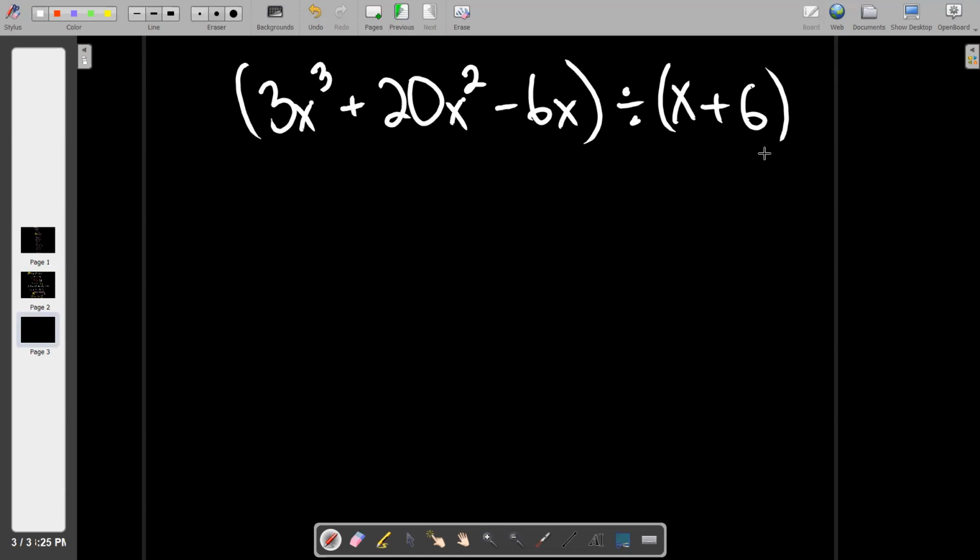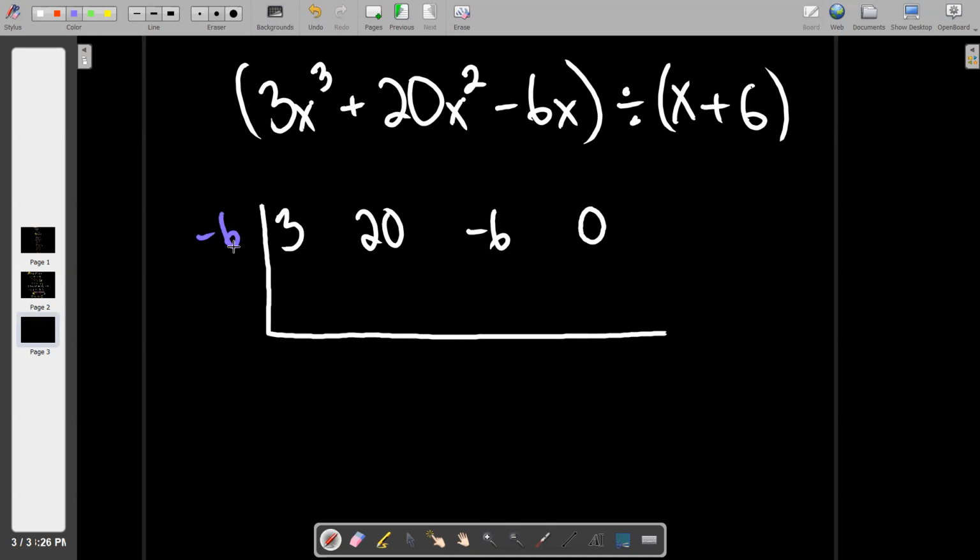So let's do it. When we stack our numbers across the top, what are they? 3, 20, -6, 0. And again, if you're going to ask why, my answer is because it would finish properly with a +0. So we bridge that gap. And then we upside down division house it, and what goes on the outside?